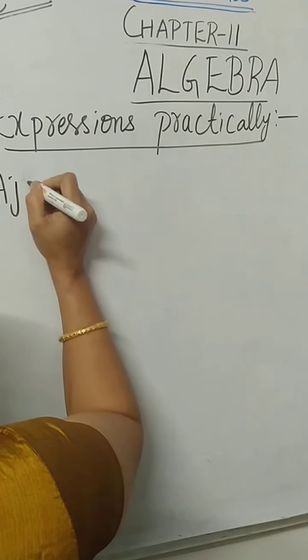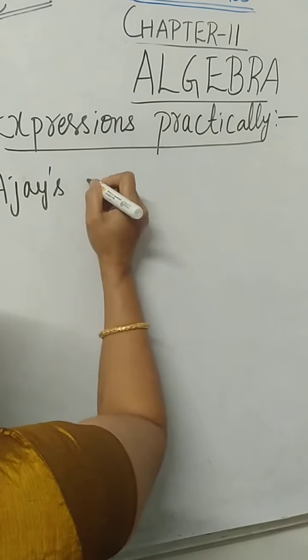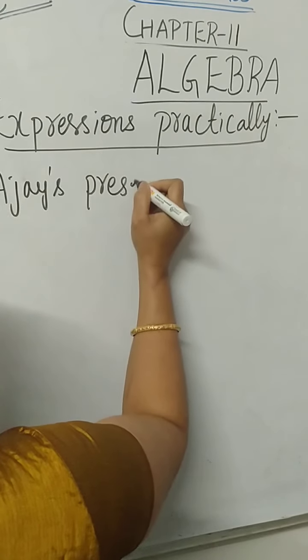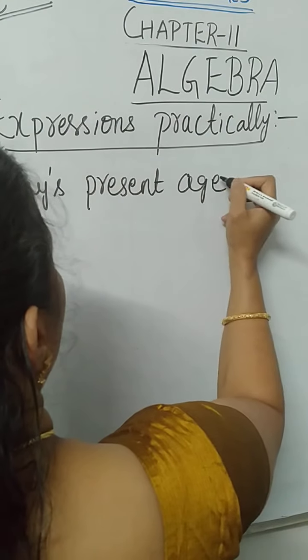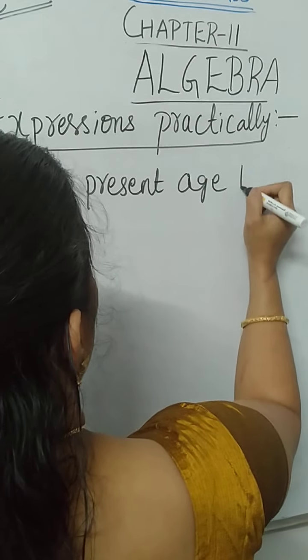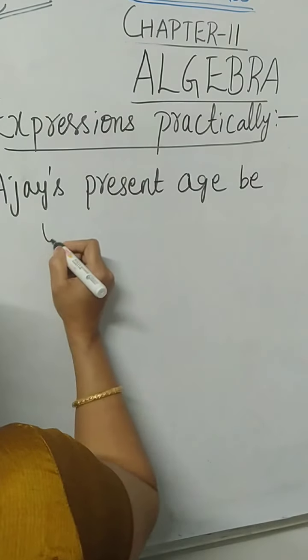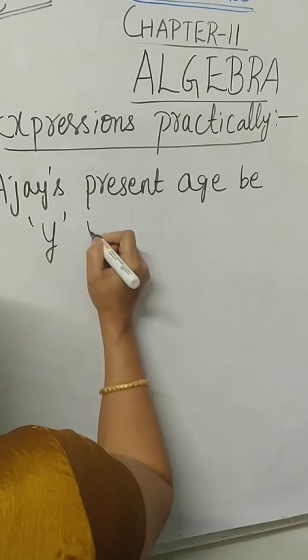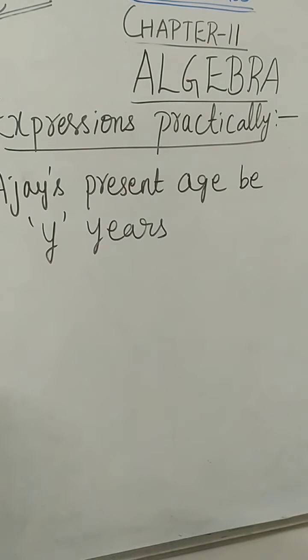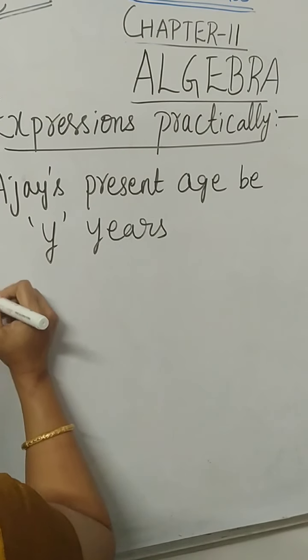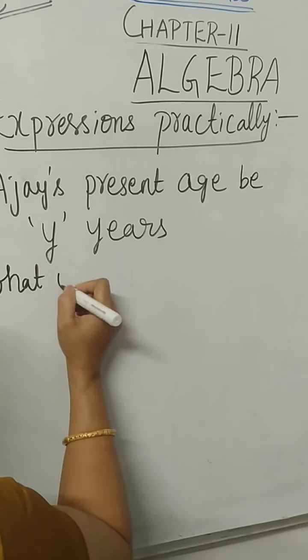Ajay's present age, let Ajay's present age be Y years. What is Ajay's age now? It is Y years.